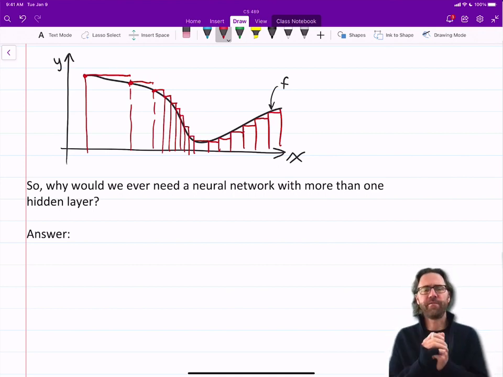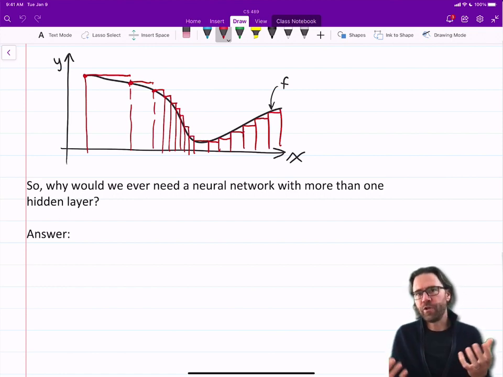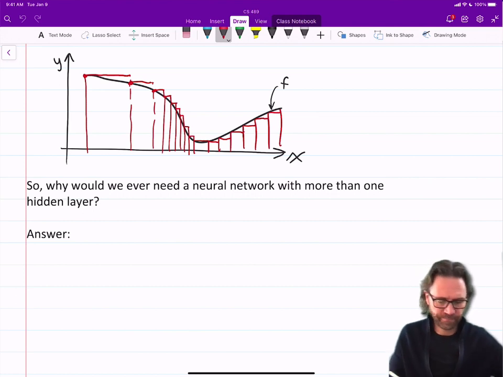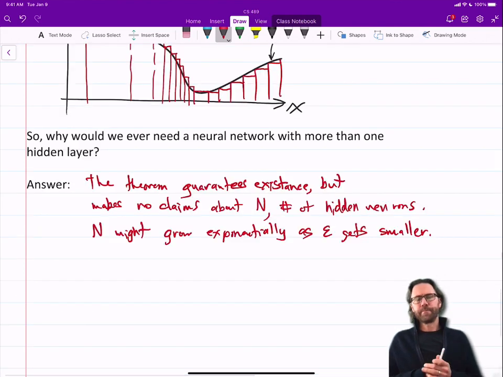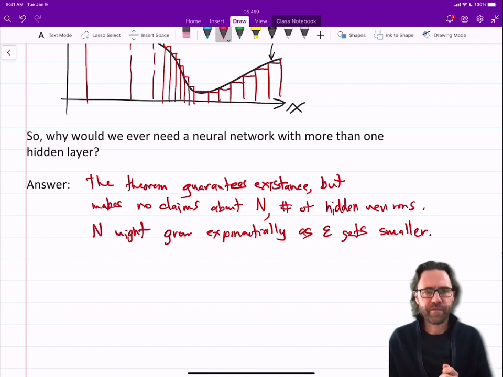So if you have a complicated function with a really tight epsilon, you might need thousands and thousands of hidden neurons. In fact, there's no way to know ahead of time necessarily how many hidden nodes you might need. So, okay, it's an existence proof that shows that there exists a neural network with one hidden layer that can get arbitrarily close to any continuous function that you want.